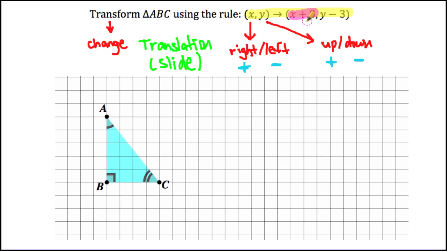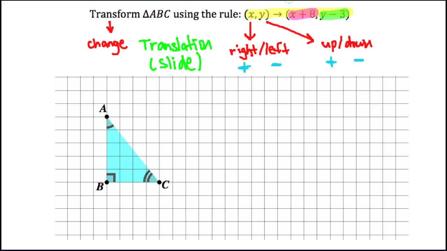On the grid below, we're going to move 8 squares to the right. The second part is the y minus 3. Remember, y refers to up and down, minus refers to moving down, and the 3 tells us how many units down we're going to move.